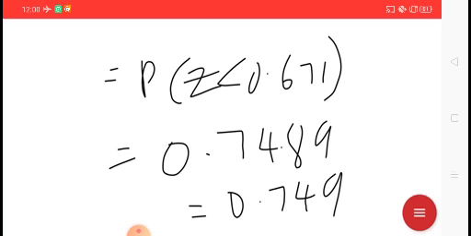Tomorrow we will move to the last chapter, which is the discrete test. Your discrete test has only two: one is binomial and one is Poisson.